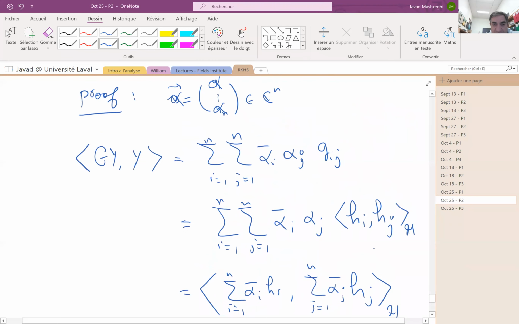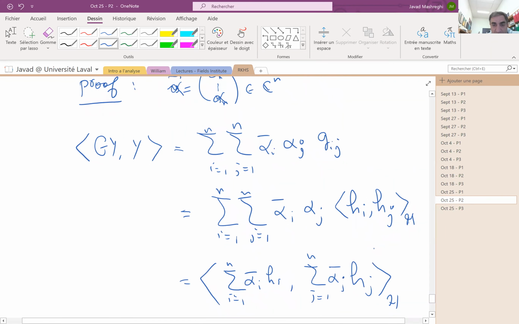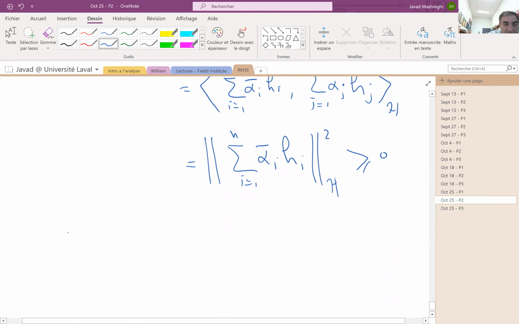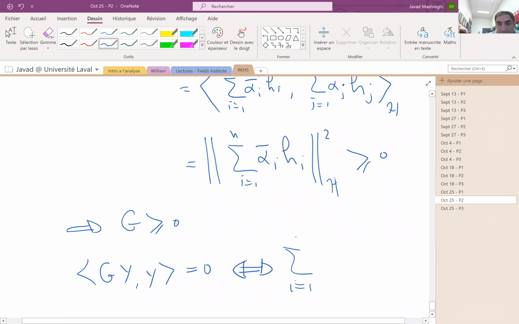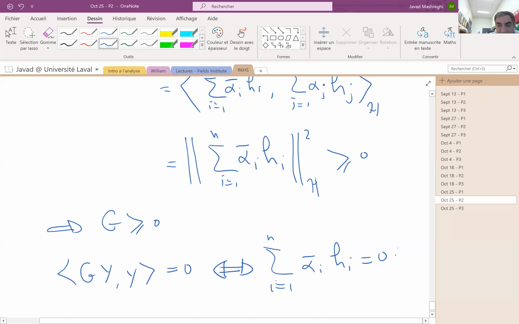One thing this shows is that G of y is always positive, so that's the meaning of being positive. And moreover, G of y and y is equal to 0 if and only if the sum i from 1 to n alpha i bar Hi is equal to 0 in H.